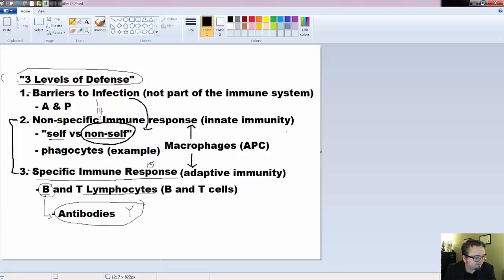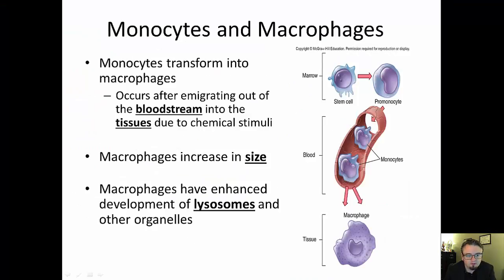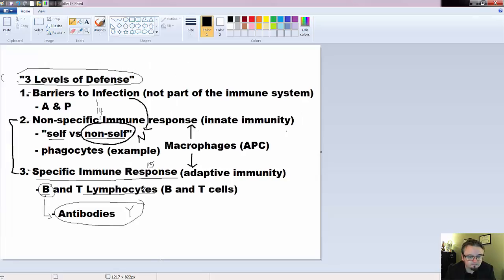Now, what often will happen first is neutrophils, and neutrophils will often be the first responder there. Neutrophils will send out chemical stimuli that trigger monocytes to come into the tissue and become macrophages. So neutrophils ultimately trigger the macrophages.